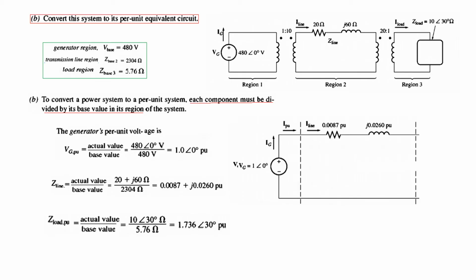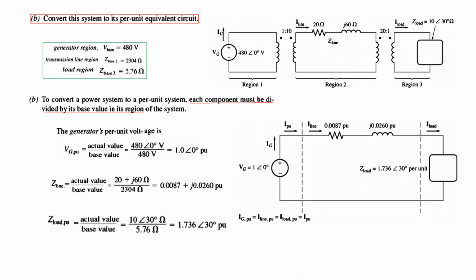So Z load is the actual value divided by the base value. This is the actual value, and the base value from here you can see 5.76. So divided by that, this is the load per unit. So this is our complete circuit in per unit. The currents are same because it is all in series.